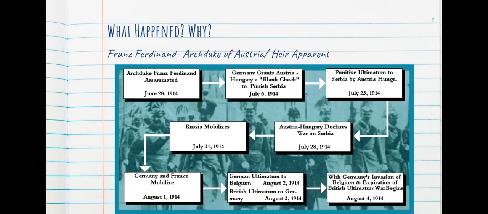He turns off of the main avenue that they were planning on traveling on as a misturn, and he pulls up right in front of one of the young Serbians. His name is Gavrilo Princip. Gavrilo Princip is something that we're going to have to remember. He is stopping for a drink and having a sandwich, and what luck, there's the man that his group of friends attempted to assassinate.